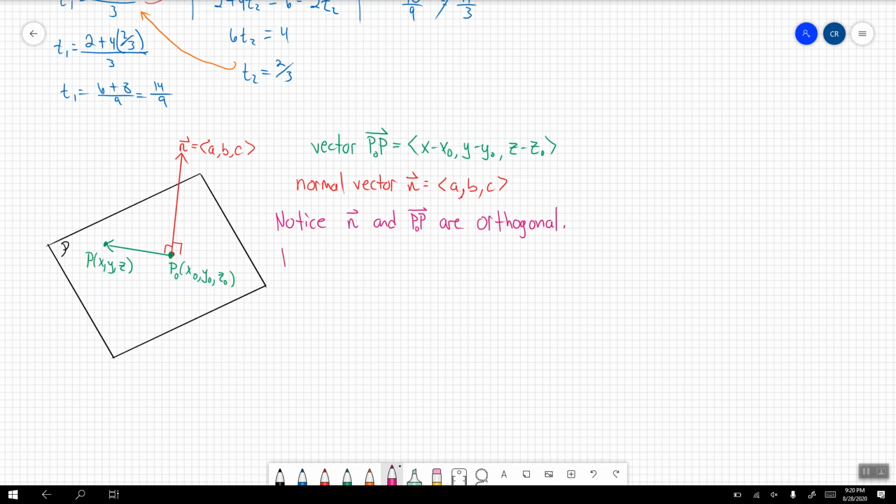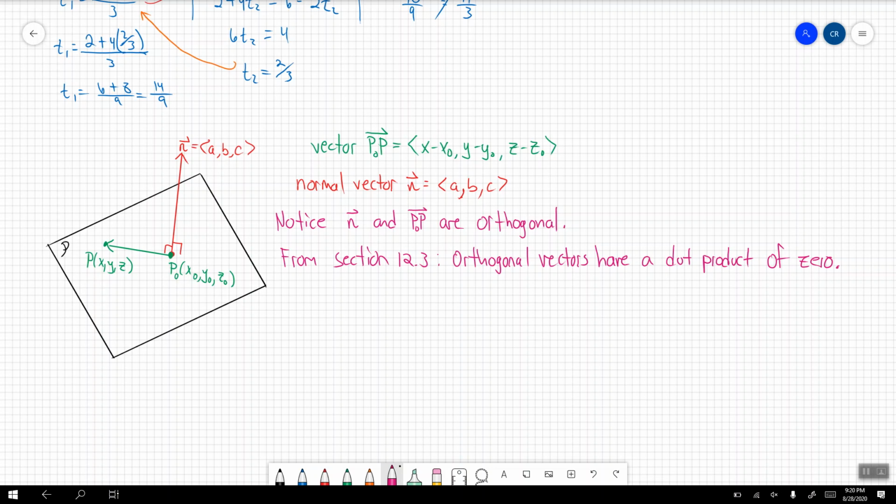From section 12.3, orthogonal vectors have a dot product of 0.